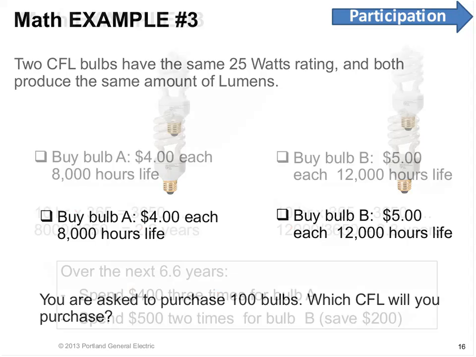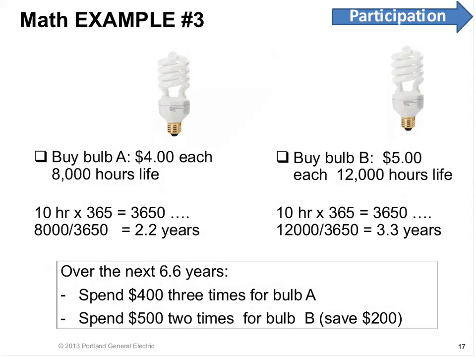So let's look at some of the math of how I would justify getting the purchasing decision to think long-term. We have 8,000 hours of life for the $4 bulb. We had mentioned it was on 10 hours a day, every day. That's 3,650 hours a year. If the bulb lasts 8,000 hours, that means on average these 100 bulbs are going to wear out in 2.2 years and need replacement.